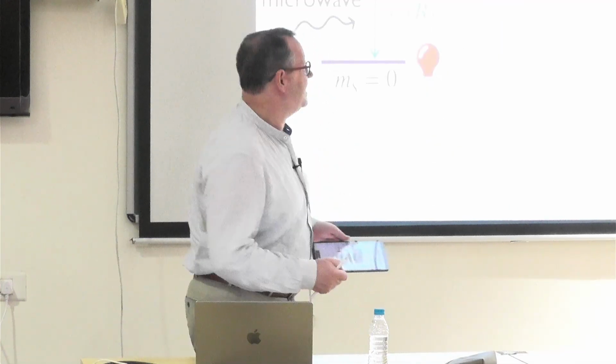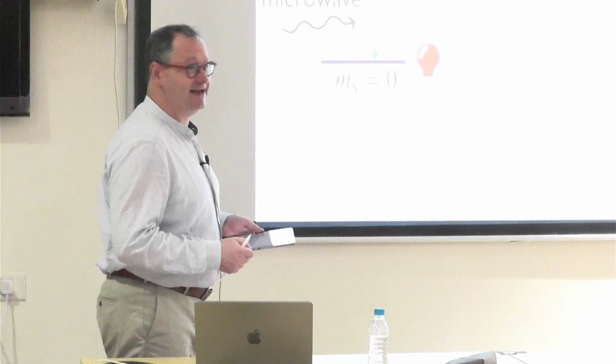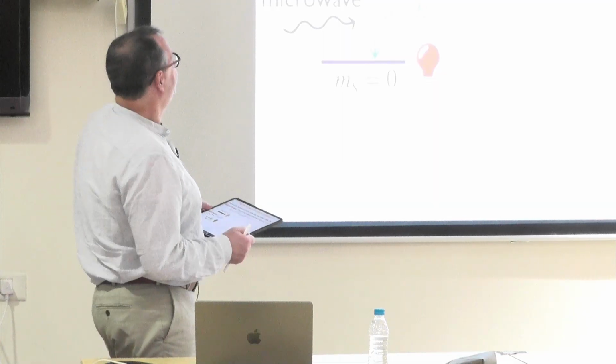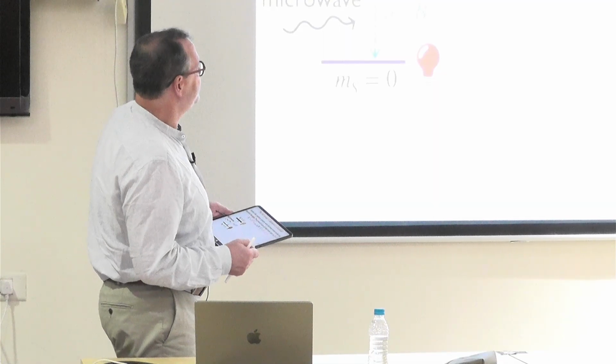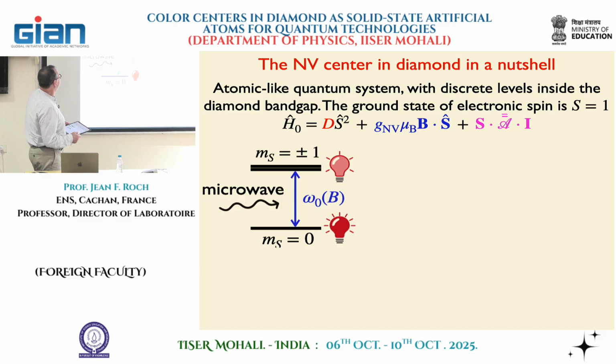Okay, so the plan of the lecture for today is somehow to explain the main properties of the NV centers in diamond in a nutshell. The NV center in diamond is an atomic-like quantum system with discrete levels inside the diamond gap, and we will try to see where this comes from.